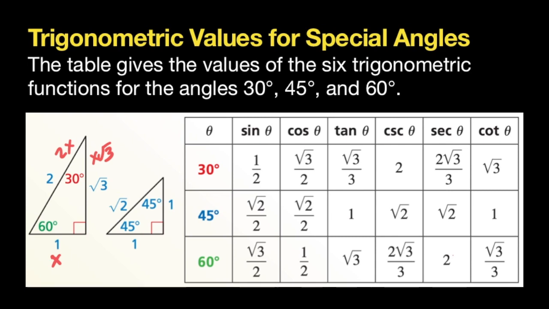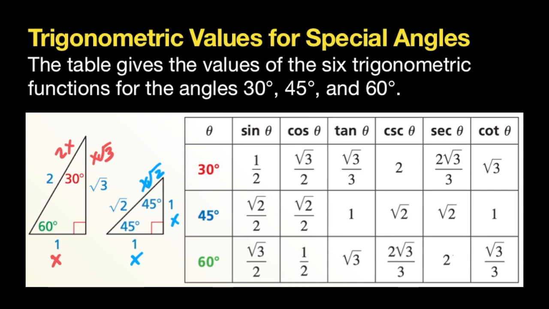In that one though, instead of being 2x or x root 3, you actually have the smaller sides are x, and the large side, the hypotenuse, is going to be x root 2. This is where these numbers are coming from. And you're able to use that to fill the rest of the table.